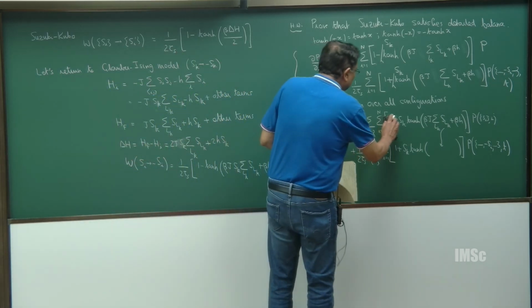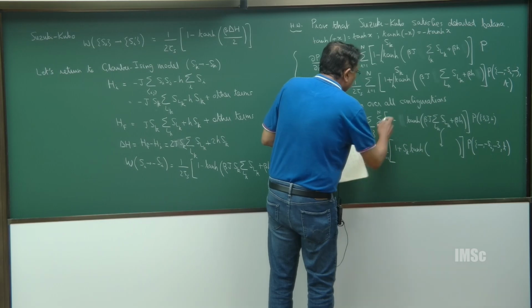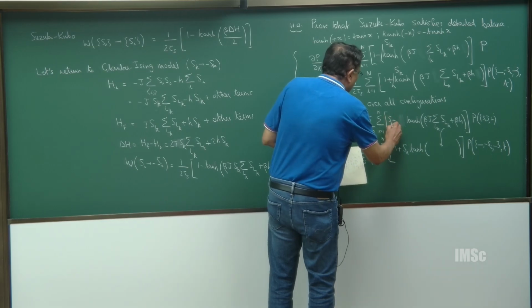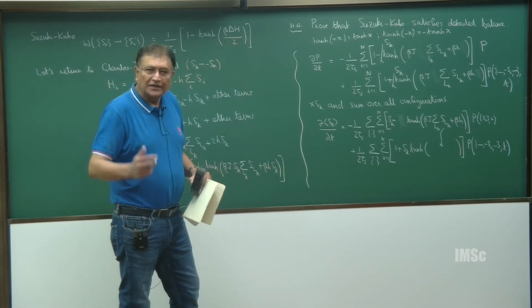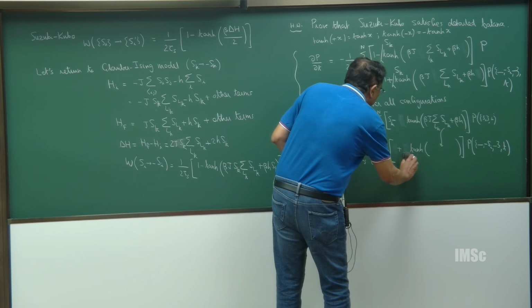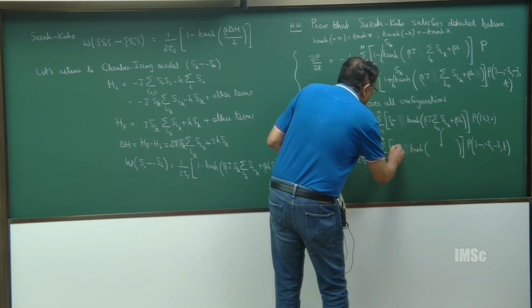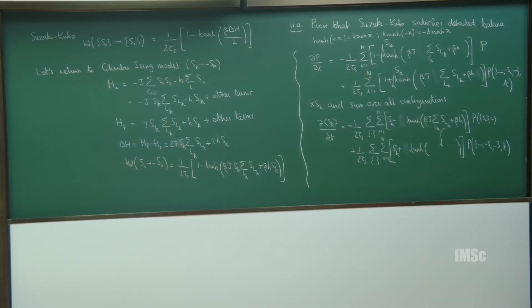The Sk basically hits this term and this term. It gives Sk out there, and Sk squared is just 1 again for the two-state Ising model, and these terms are hit by Sk.